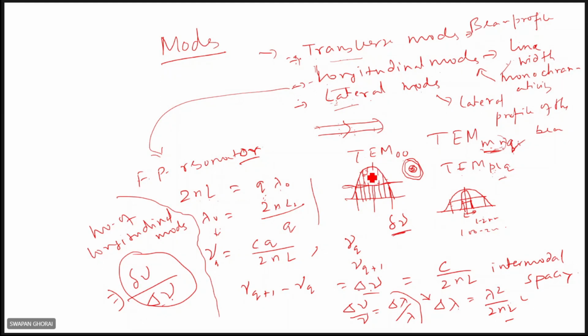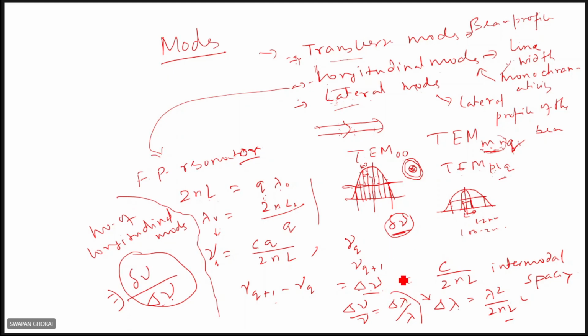If you know the intermodal spacing, the spacing between two modes, and the total line width, delta nu, then you can calculate how many modes are there in the lasing device. So there are different oscillation frequencies, nu 1, nu 2, nu 3, etc. The intermodal spacing, the spacing between two frequencies, will be nu q plus 1 minus nu q. So that is delta nu.